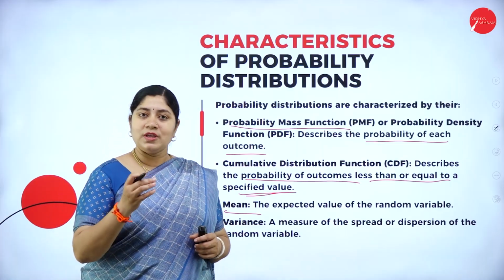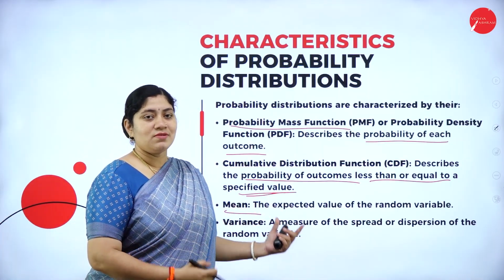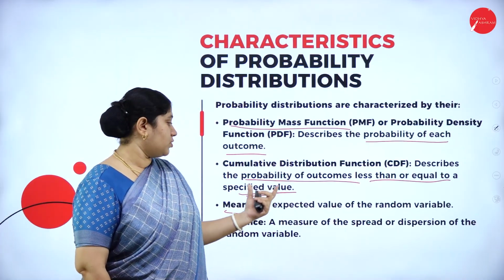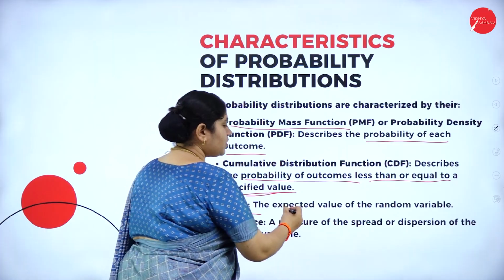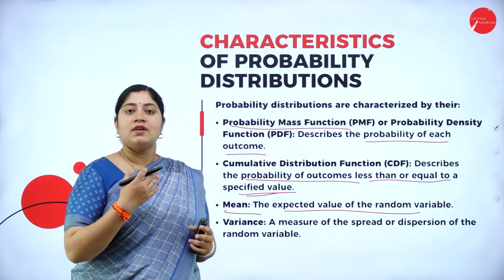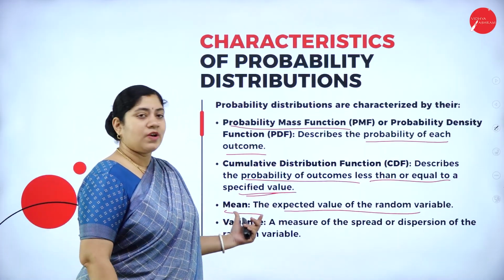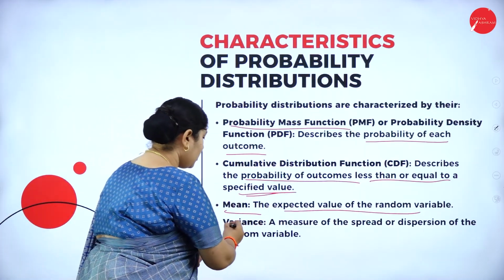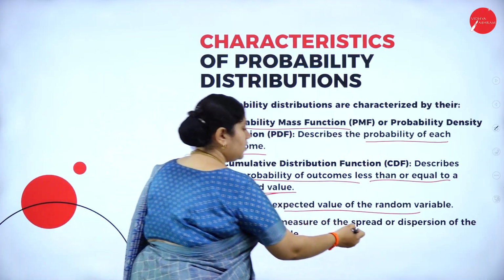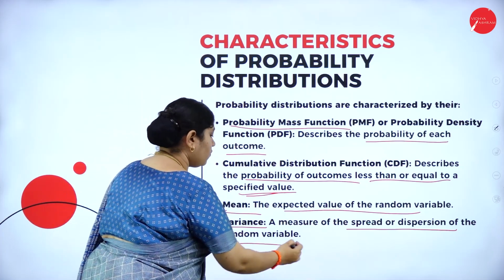Then the next one is the mean. We have studied mean in our basic maths, right? Even here we will be specifying the mean with each and every distribution. The mean represents the expected value of a random variable, so we can define it as the expected outcome. Then the variance, which is a measure of the spread or dispersion of the random variable.